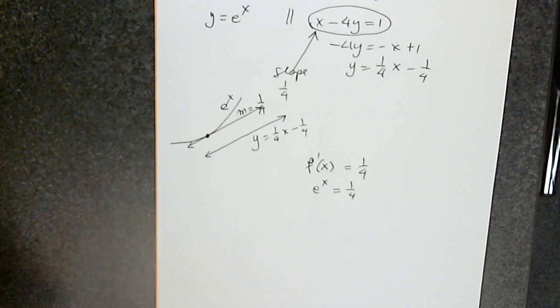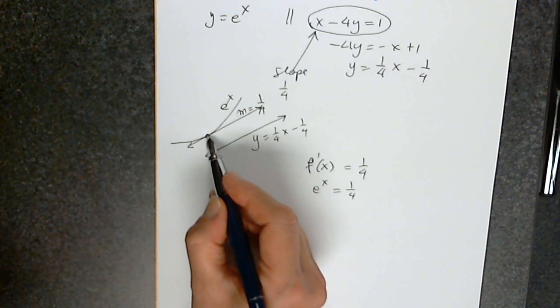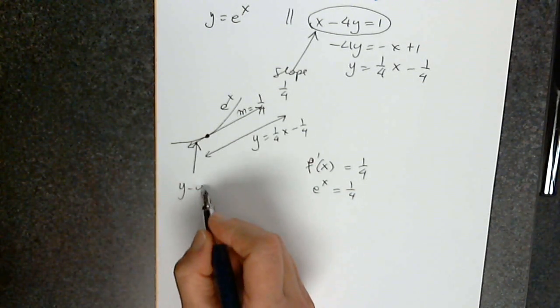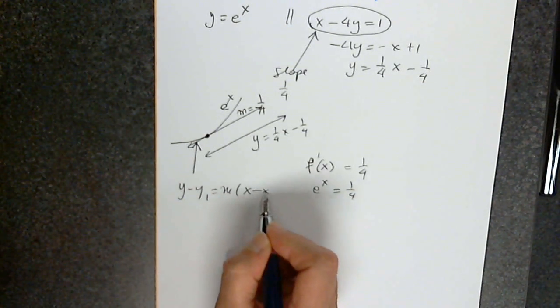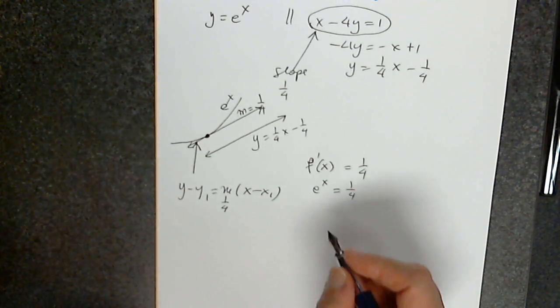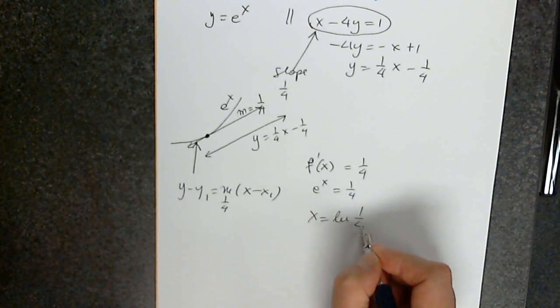How do I determine x? Because I have the slope, but I don't have the point. To determine the equation of this line, I have y minus y1 equals the slope times x minus x1. The only thing I have is the slope, but I don't have the point yet. Natural log. Yes. So then x equals natural log of 1/4.